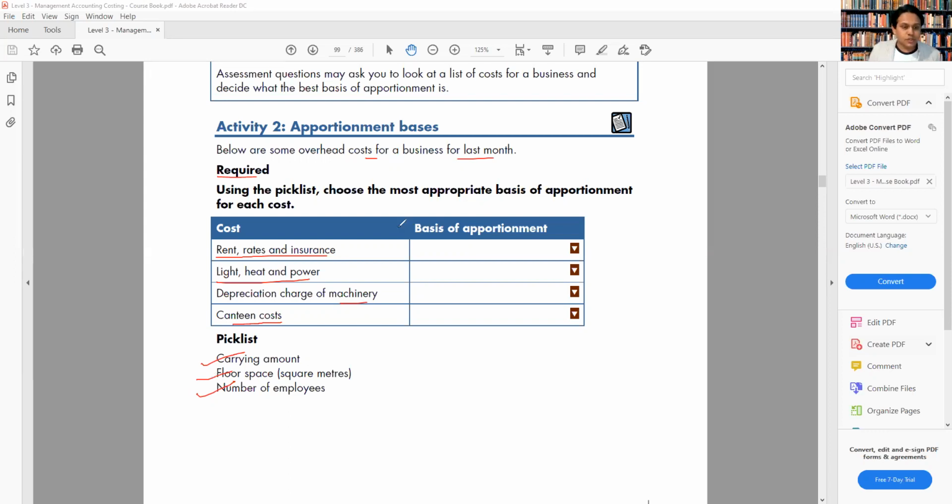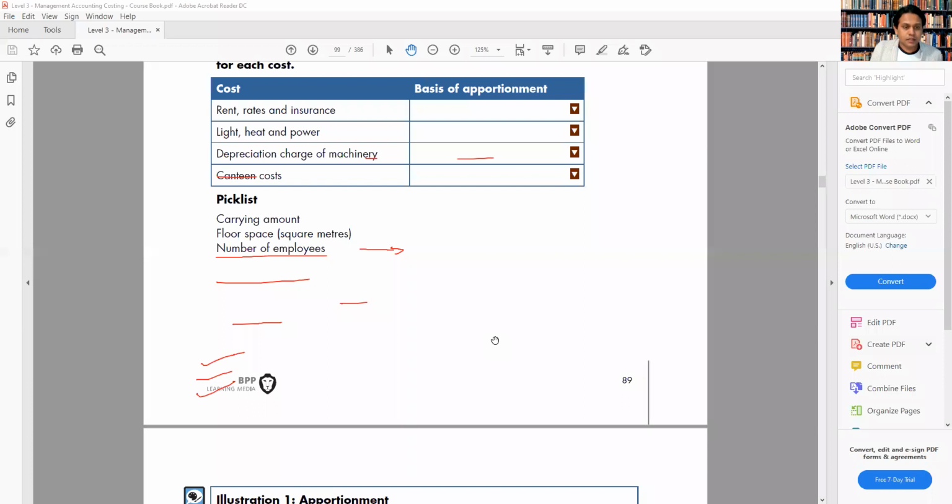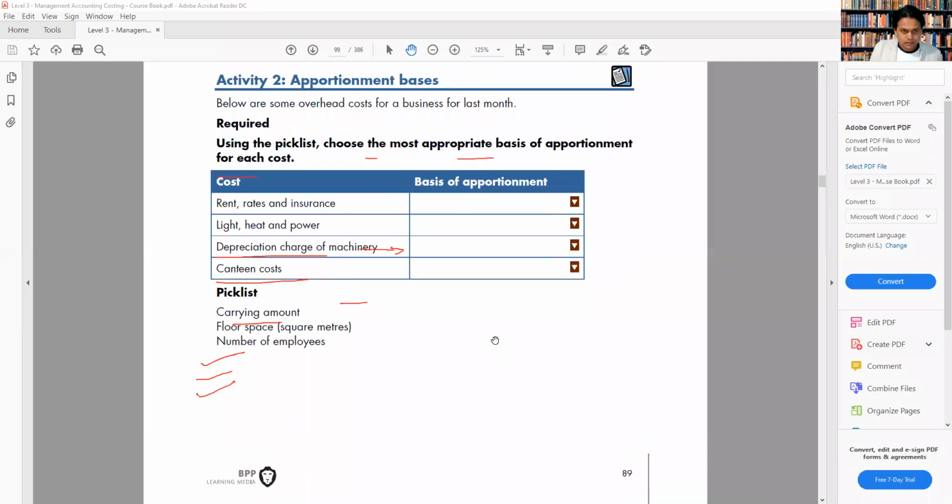Let's talk about the first one, rent, rates, and insurance. What could be the most suitable basis? No, that's three only. So which one do you think? What would be the most suitable basis for the apportionment? I can see everyone said floor space.